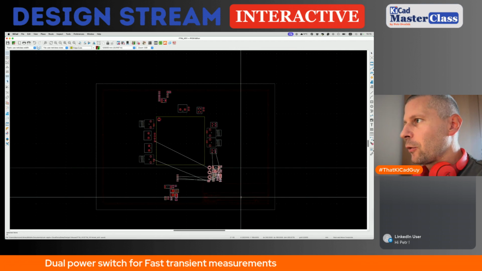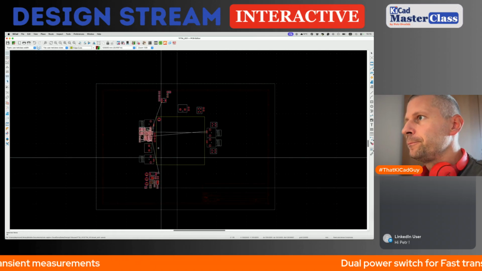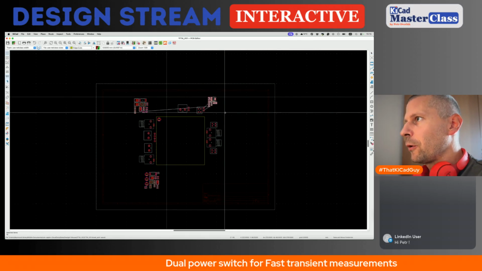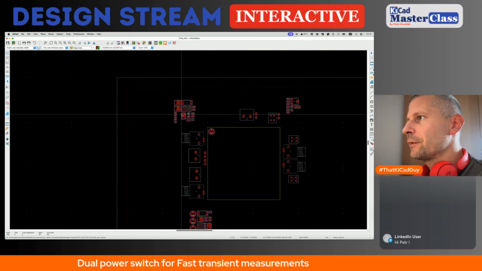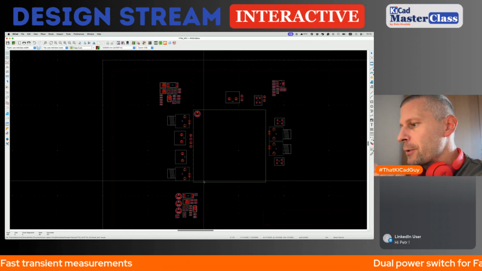So this is the light load block, this is the heavy load block, this is the power supply plus input block. So this is the rough component placement.